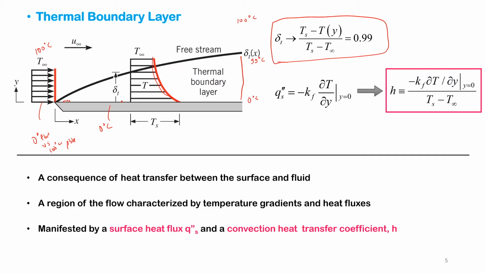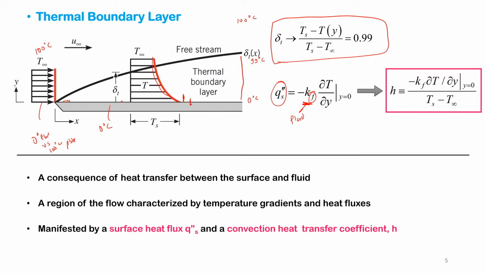So if you want to calculate the heat flux at the surface from wall to the fluid, we are using this equation. This is the thermal conductivity of the fluid. Okay, so right now we are interested in convection. Convection means that we are dealing with a fluid.